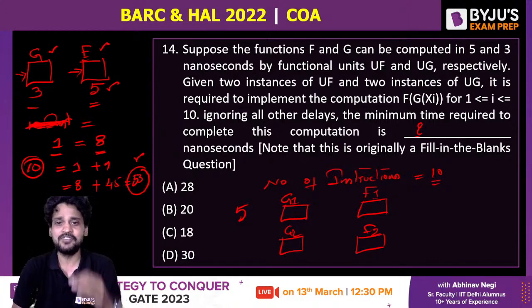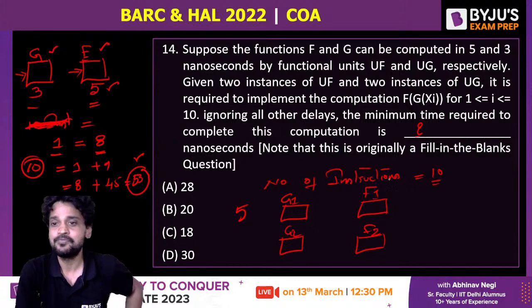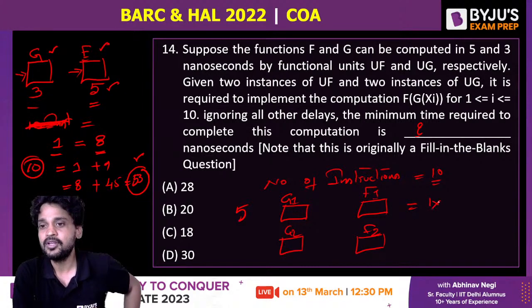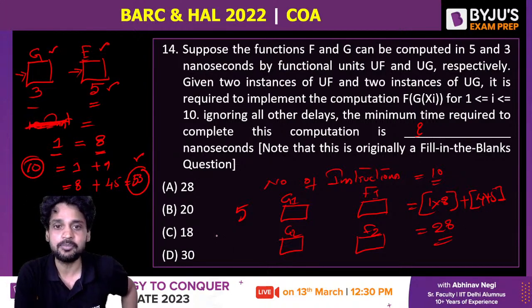The rest of the instructions will only take TP clock cycles. What is TP? Max segment delay. So 5 is equal to 1 into 8 plus 4 into 5, which is equal to 28. 28 is the correct option.